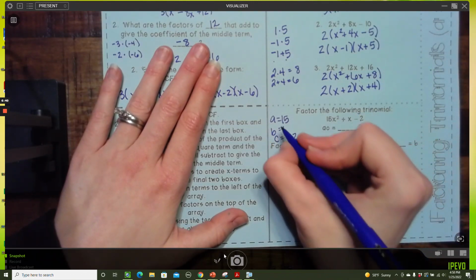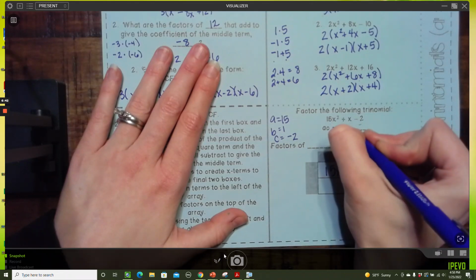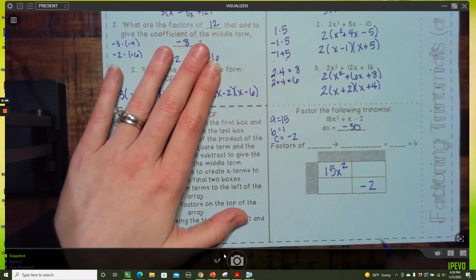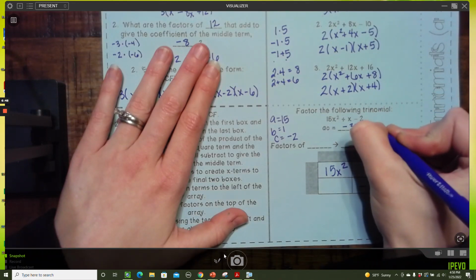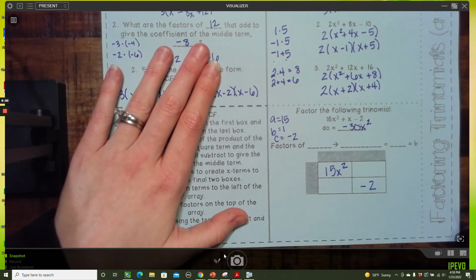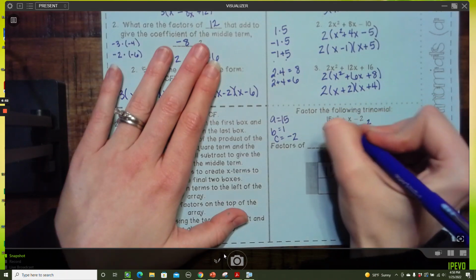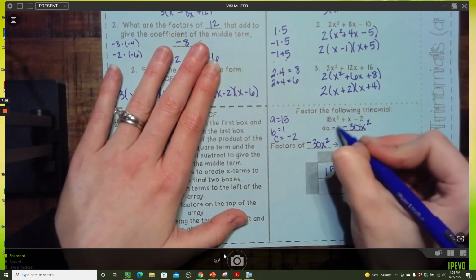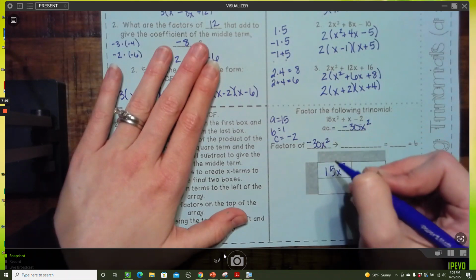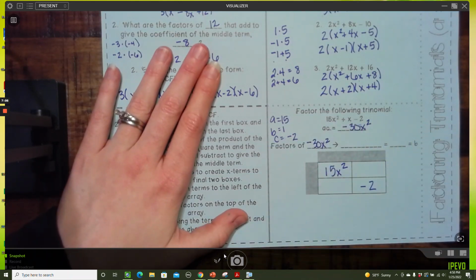So A times C, 15 times negative 2, gives me a negative 30x squared. Okay? What I'm doing is I'm making this easier to deal with, so that I want to find the factors of negative 30x squared. By multiplying A and C together, it's going to make my life easier down the road.